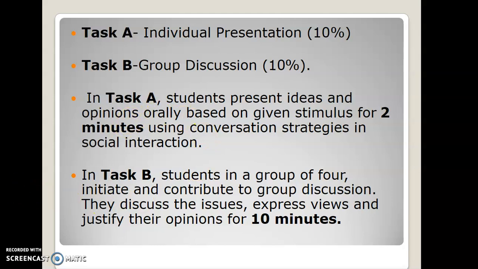And then task B. In task B, students in their own group need to initiate the group discussion. They need to talk, they need to contribute ideas towards the group discussion, and each group will be given 10 minutes to do the discussion. Task A and Task B will be discussing the same question.